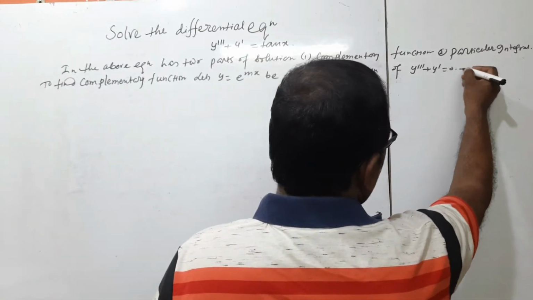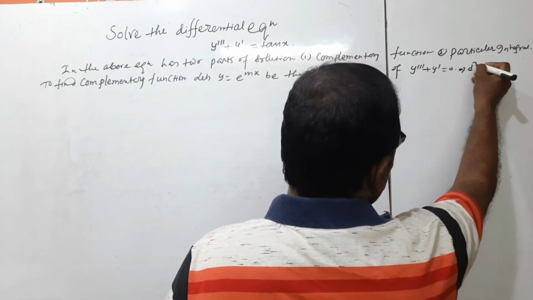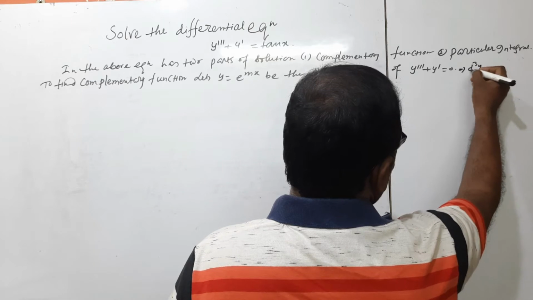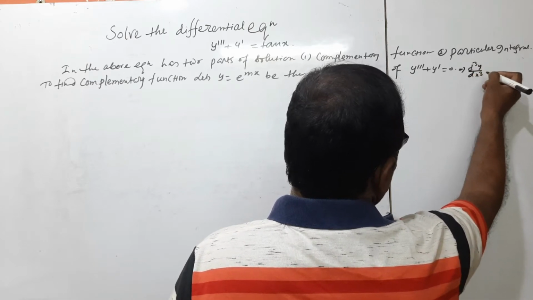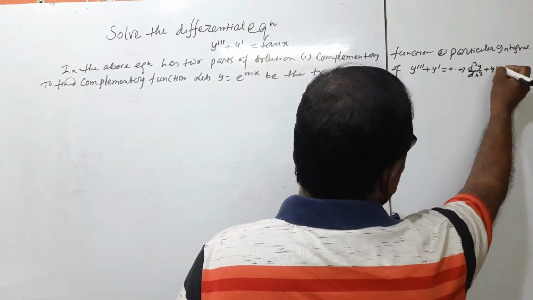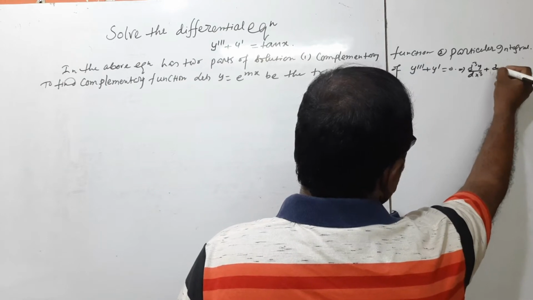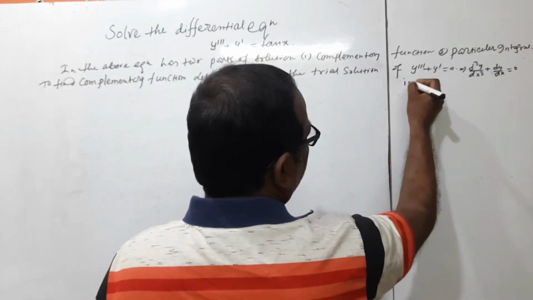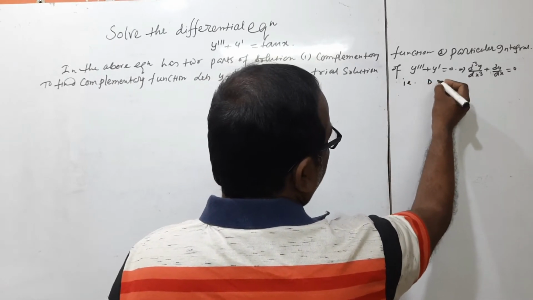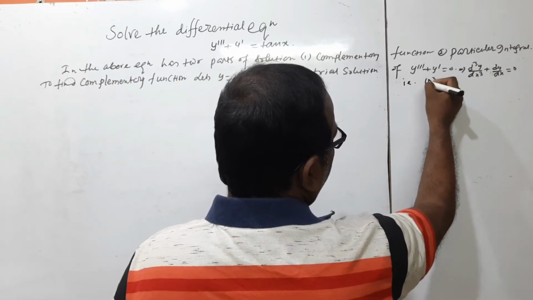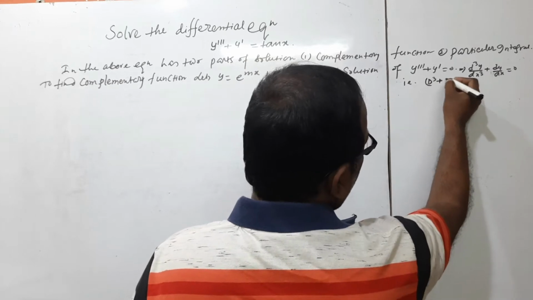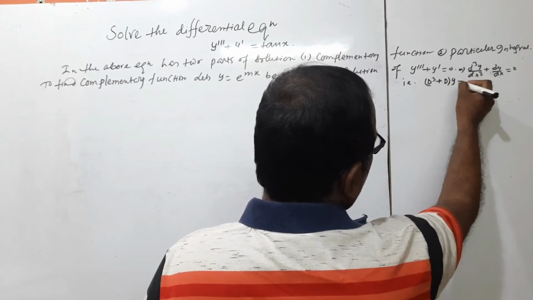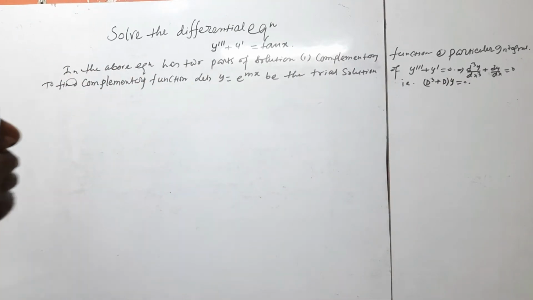It can also be written as d^3y/dx^3 + dy/dx = 0, that is, (D^3 + D)y = 0.